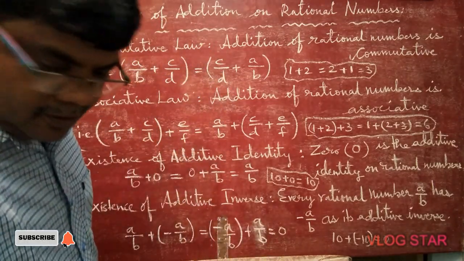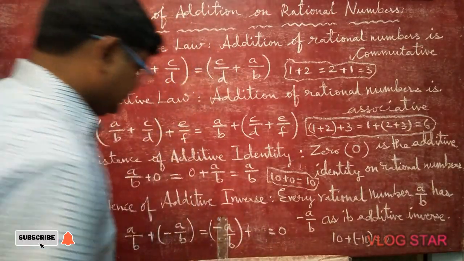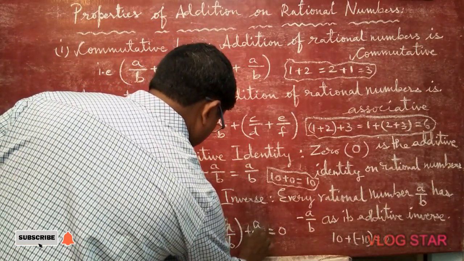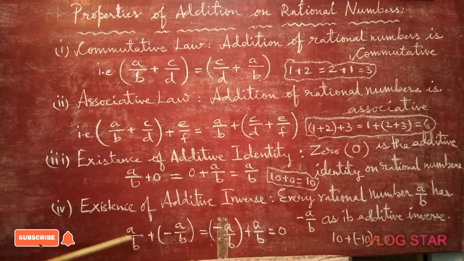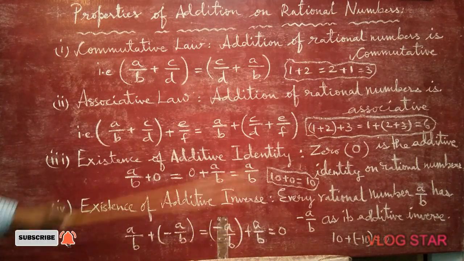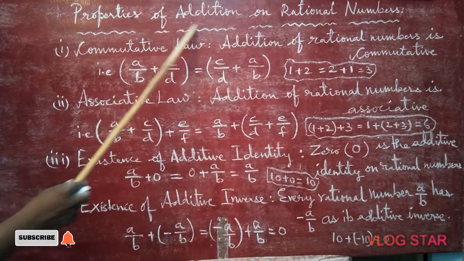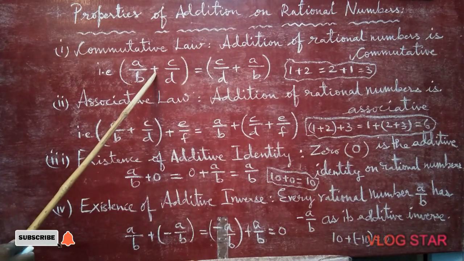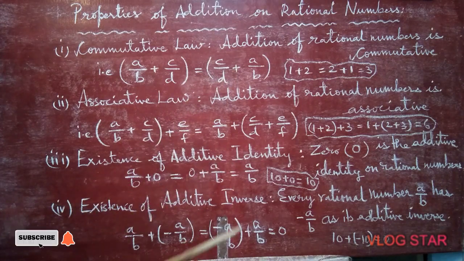Anyway you add, you will get 0. So these are the properties on addition. Just remove addition here and write multiplication, and keep the rest the same. But these two will change.